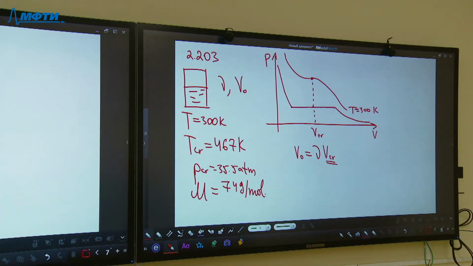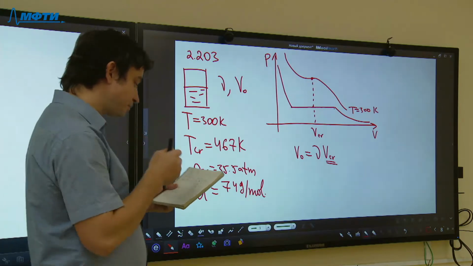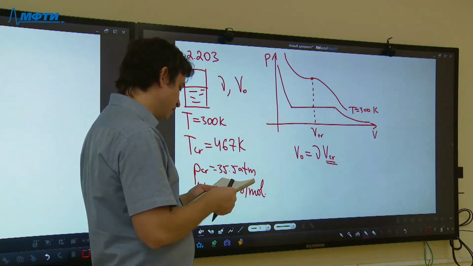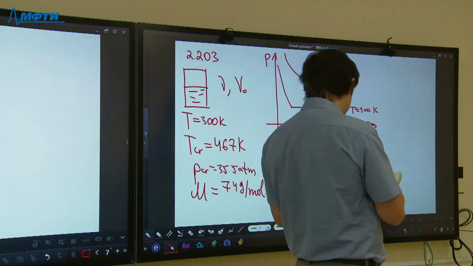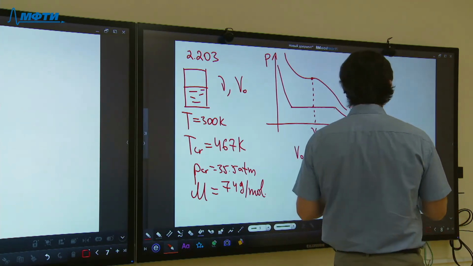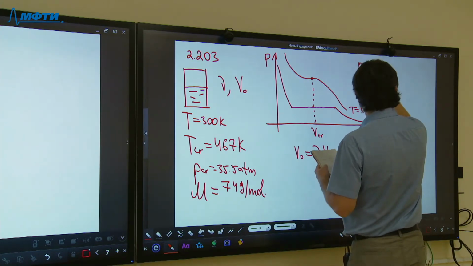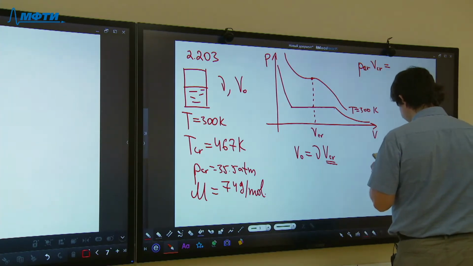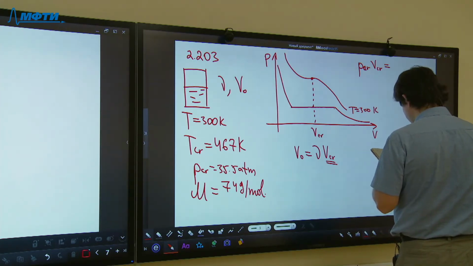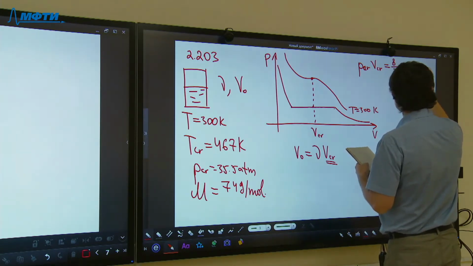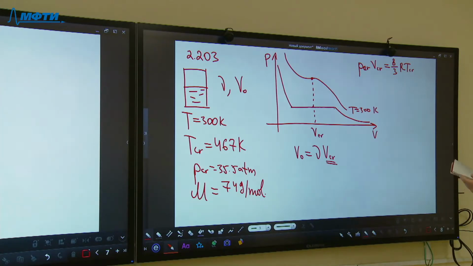And if we assume, for example, that ether obeys Van der Waals equation, then we can write that P critical times V critical should be equal to, I assume, something like 8/3 R T critical. So let's check if I am correct or not.